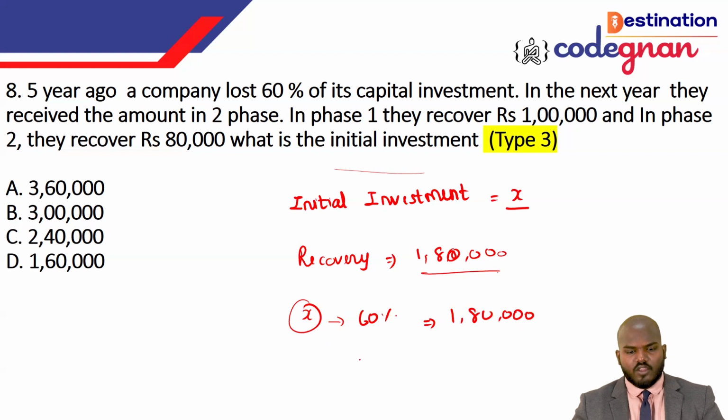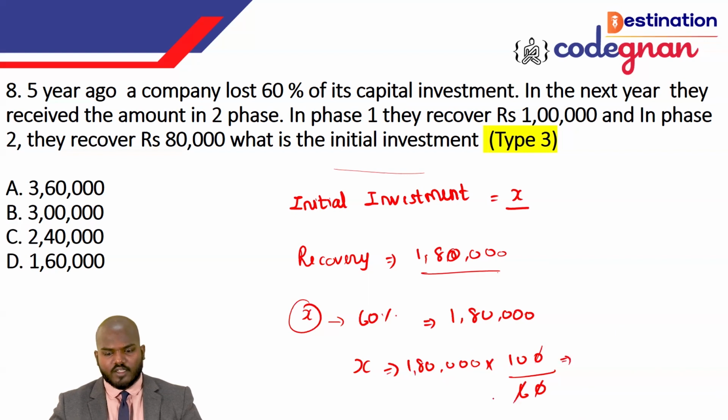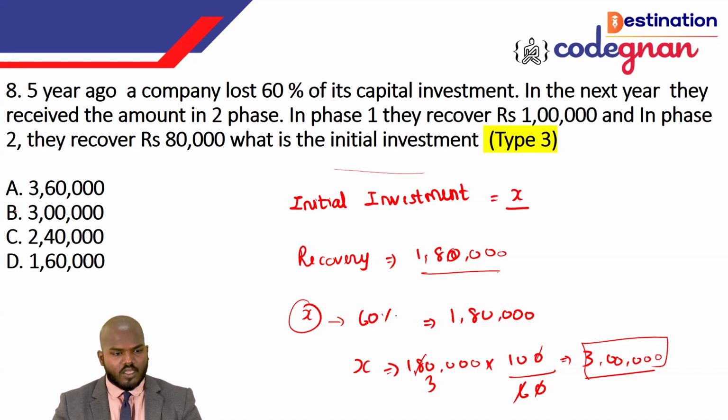So you can say that X is equal to 1 lakh 80,000 rupees times 100 by 60, you can cancel the zeros. If you multiply that, 6 times 3 is equal to 18. So finally, 3 lakhs is the correct answer for this question. So option B is the correct answer, guys.